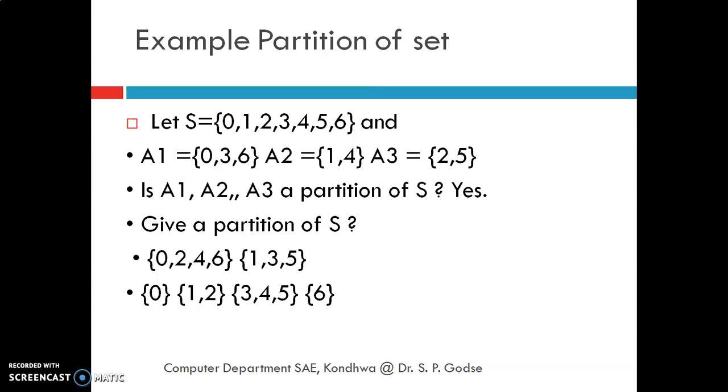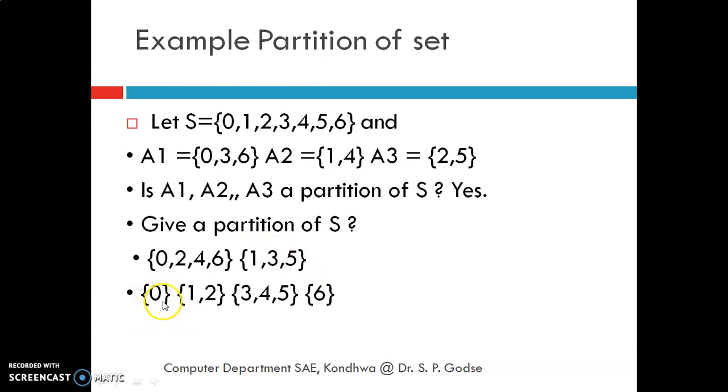We can create different partitions of the set, as long as the conditions are satisfied. More ways to partition the set are given in these two lines. We can partition like this: subset number 1 will contain 0, 2, 4, 6, and the second subset will contain 1, 3, 5.